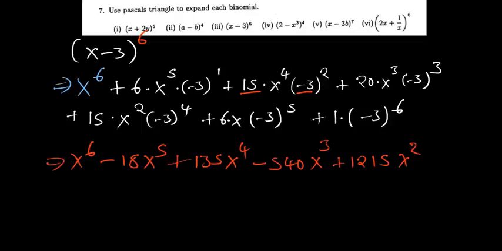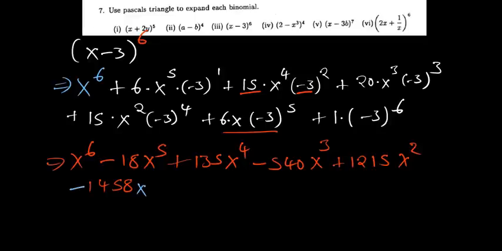And then 81 times another 3 is 243, times 6, that gives us 1458. That's of course going to be a negative because it's raised to an odd power, which is 5. So negative 1458 x.